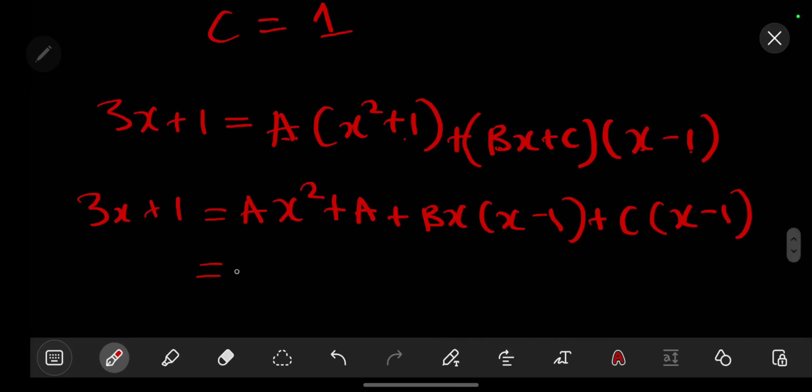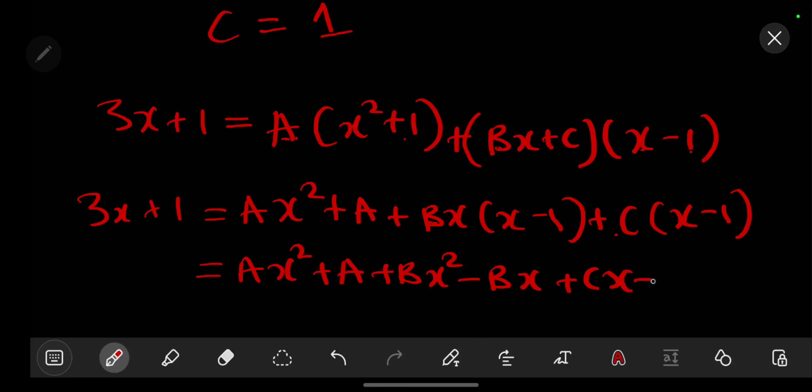So this is going to be our ax squared, then we have plus our a, then we have b times x, this will give us bx squared, bx times negative 1, this will give us negative bx, then we have c times x, we are going to have our cx minus our c like that, then we are going to have our 3x plus our 1 like that.